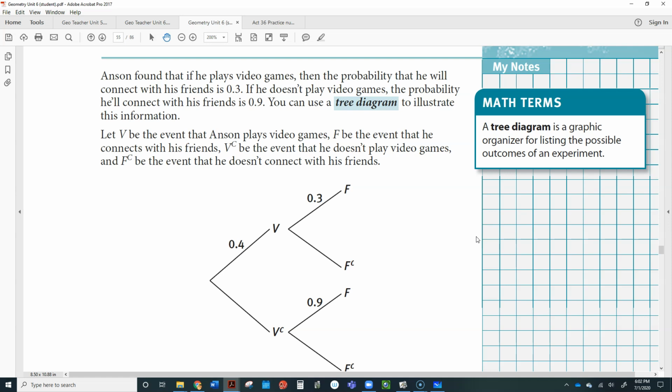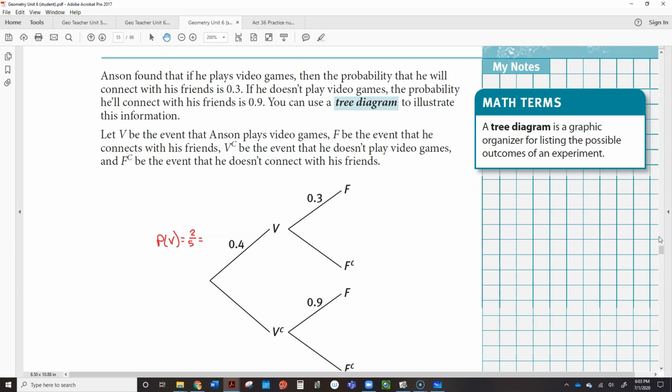So if he did, this was the probability of playing a video game. That was 2 out of 5, remember? That's where we got the 0.4. So that's what this represents, playing videos. Well, if you didn't land on a 4 or 5, then that means he landed on a 1, 2, or 3, and that means he did not.